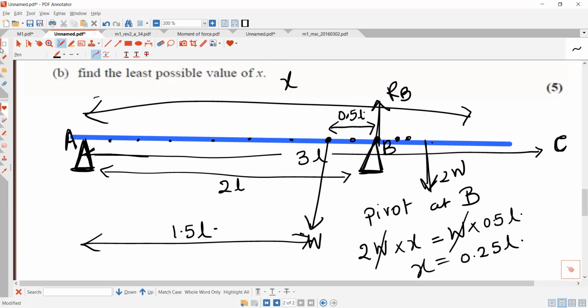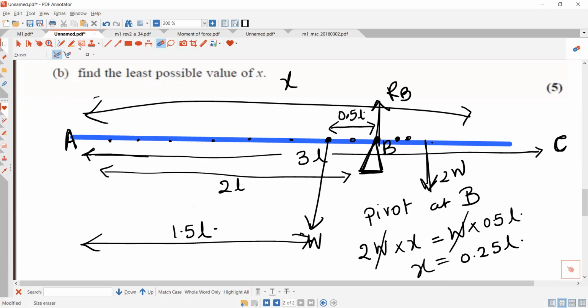Okay. So now forget this pivot even exists. What are the two forces you have? W and 2W. 2W on the right-hand side, W on the left-hand side of the pivot. Understood? I'm going to explain how I got 0 also. 2W into X. Actually, no, there's a mistake.